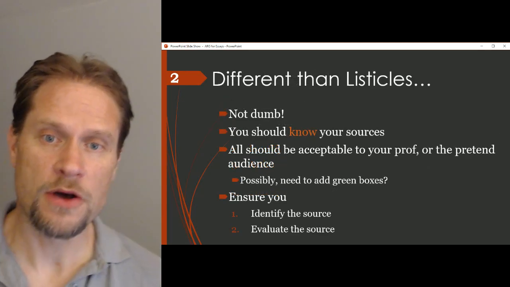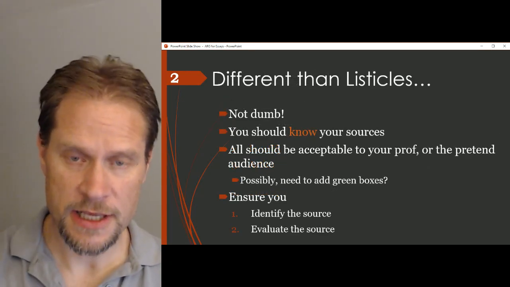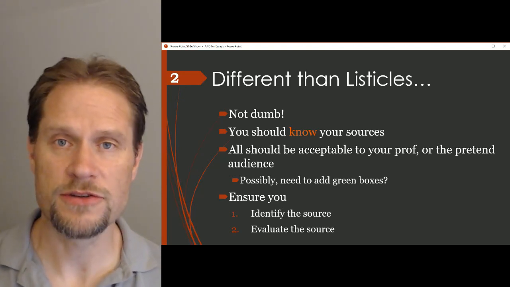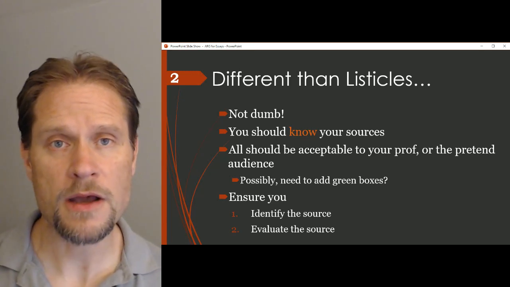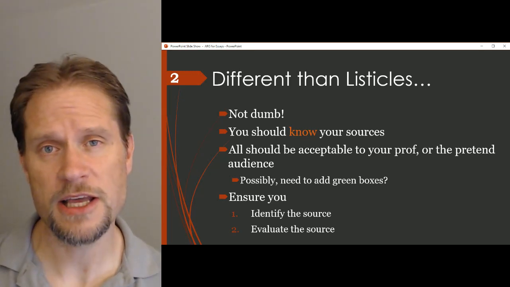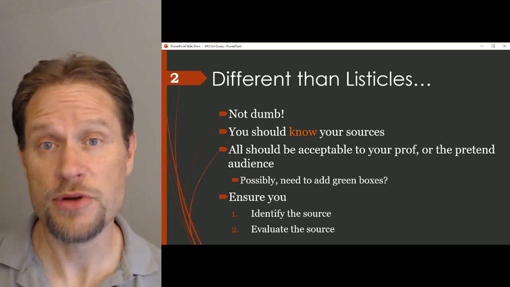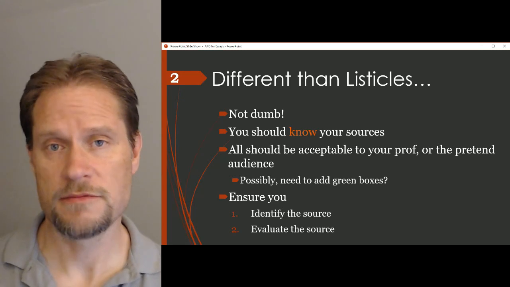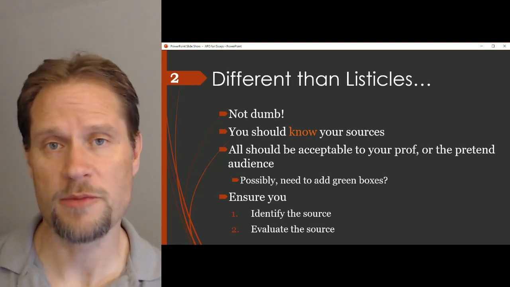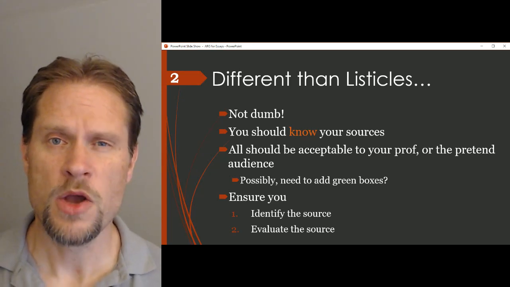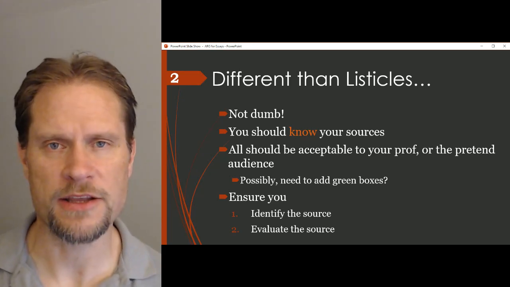All right, so A evaluation is a lot different than listicles, primarily in the sense that those listicles were dumb and fairly superficial in their use of sources. Of course, they were just clickbait, so they weren't really pushing the envelope at all with acceptability. They really didn't care whether or not people accepted what they were saying, and often we had to guess about where they got their claims.